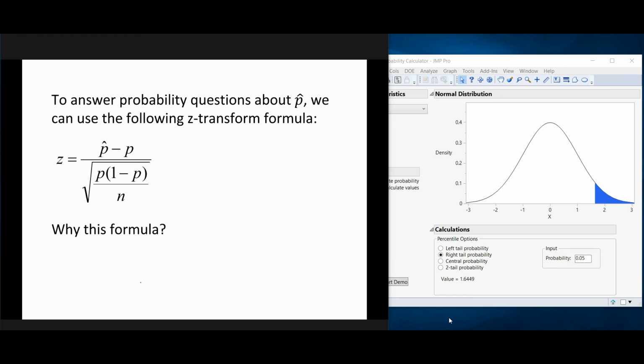We'll note that as we try to standardize sample proportions or probability calculations from sample proportions, we'll be using the standard error of the sample proportion. Okay, so this is the sample proportion, p hat, and this is the population proportion, and this is the standard error of p hat.